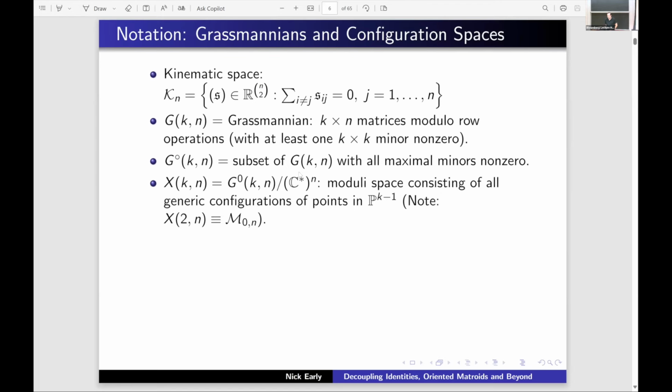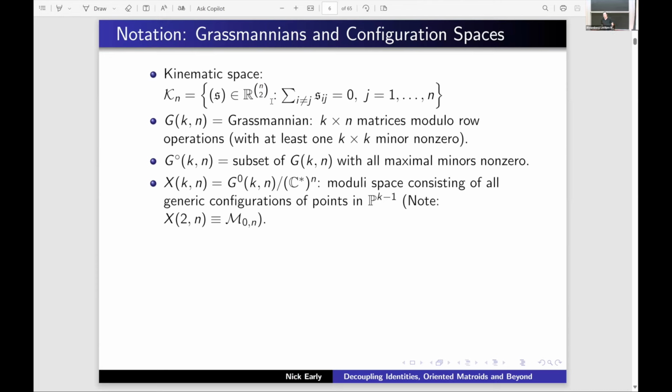Here's some notation, the kinematic space. We have the momentum conservation condition where the sum over s_ij for i not equal to j equals 0. N of those conditions brings the dimension down to (n-2) choose 2, especially for the mathematicians in the audience. The Grassmannian I'll denote by G(k,n), k×n matrices modulo row operations, and we'll assume that at least one maximal k×k minor is non-zero.